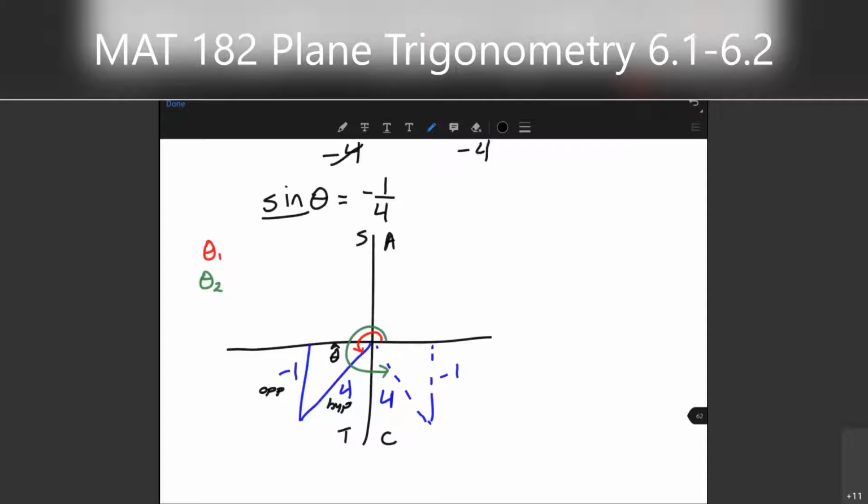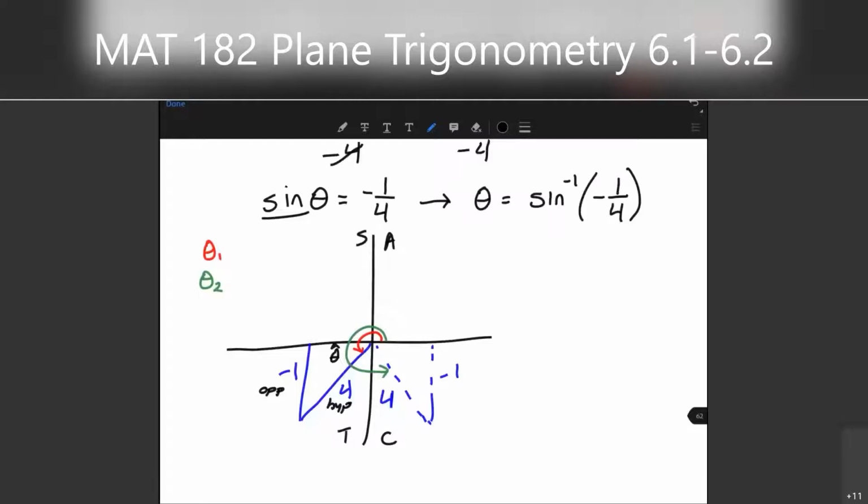To find the first solution for theta, we're going to use an inverse function. Theta itself is going to be equal to the sine inverse, and as input, we're going to use that side ratio.